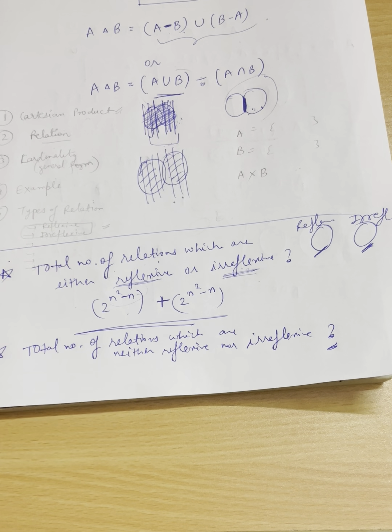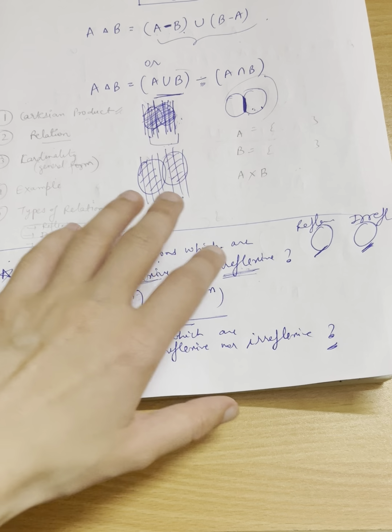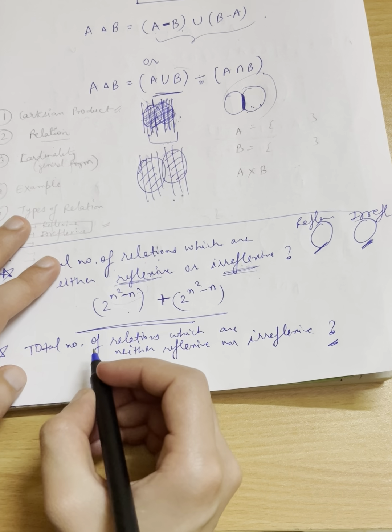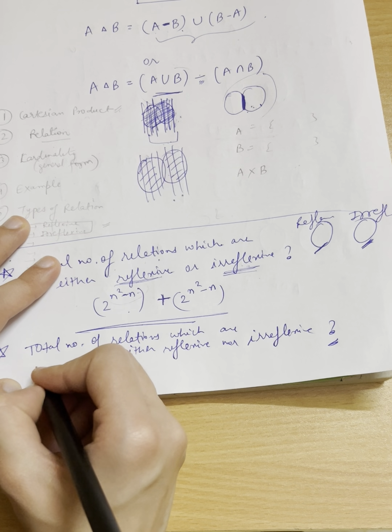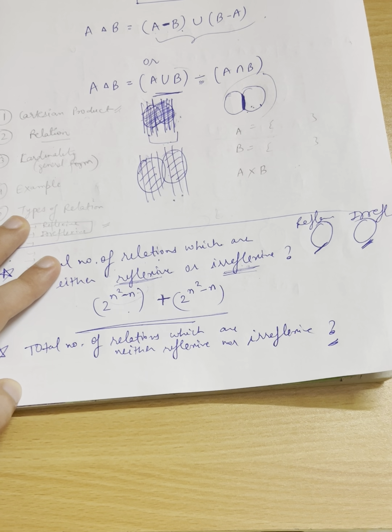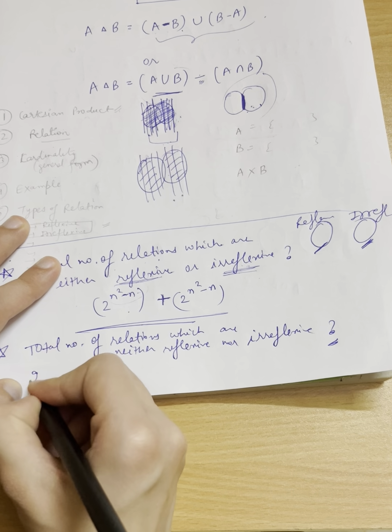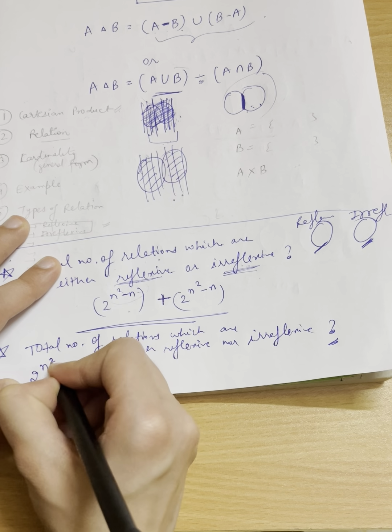Okay, so total number of relations which are neither reflexive nor irreflexive, meaning it should be neither reflexive nor irreflexive. So first think, what possibilities can there be. As we know, if there is a set A whose cardinality is n, the total number of relations of A cross A is 2 power n square.